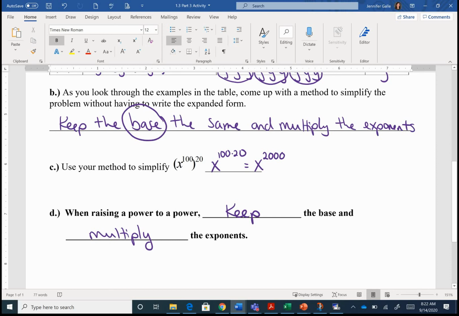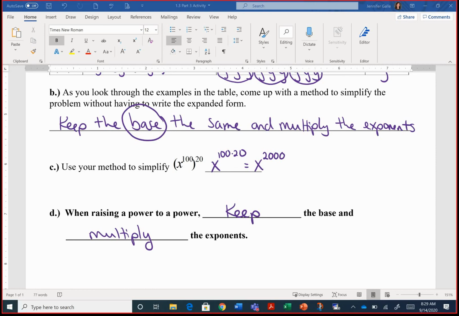That's our pattern. That's our shortcut. So guys, those are our three big rules. One of our rules, we're going to add exponents. One we subtract, one we multiply. Okay, we're going to take a little break. And when we come back together, we're going to practice this new rule.